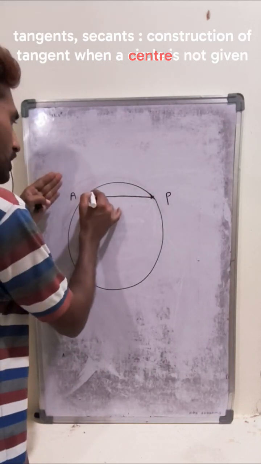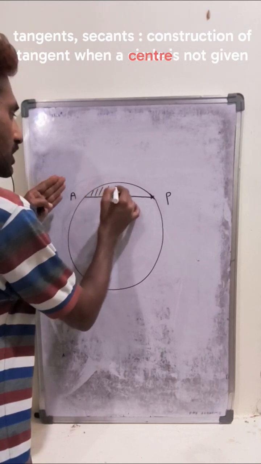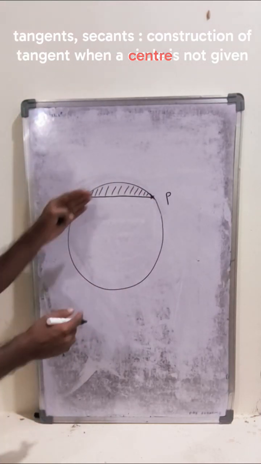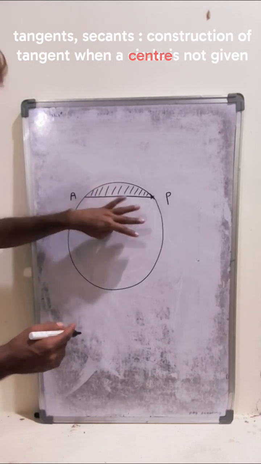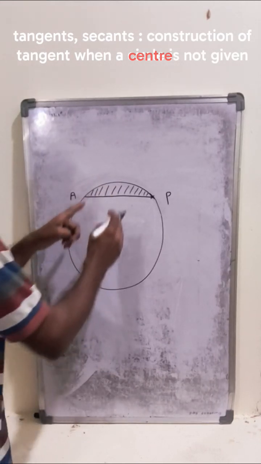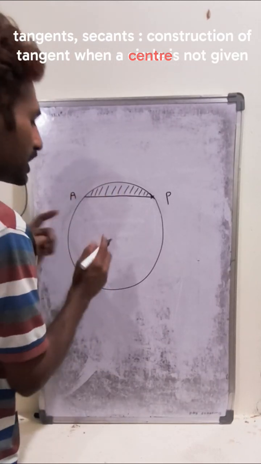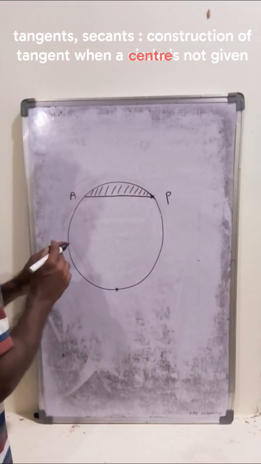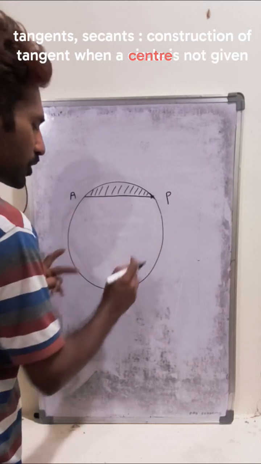Now if you observe here, you will get one segment. This is the minor segment. For the minor segment, what is the alternate? The major segment. So not in the minor segment but in the major segment, you can take a point anywhere.